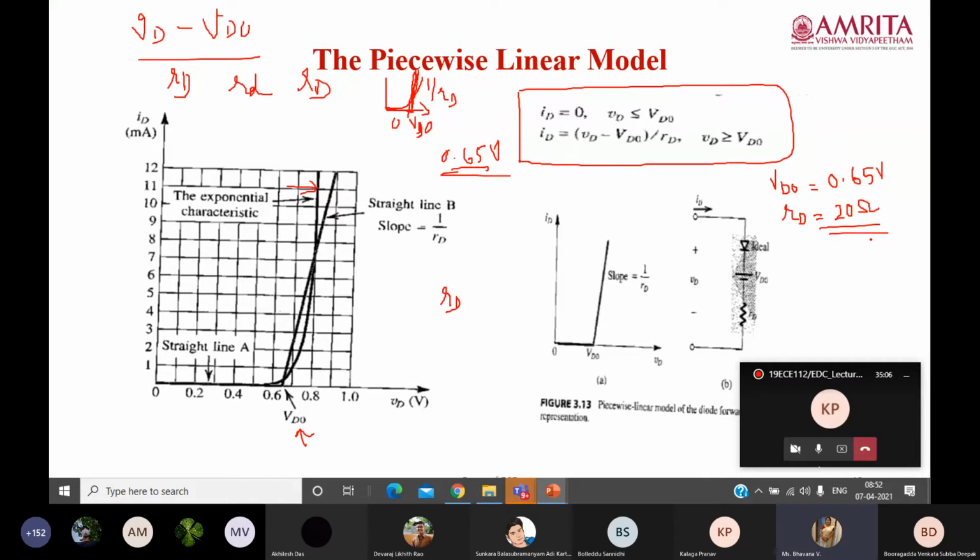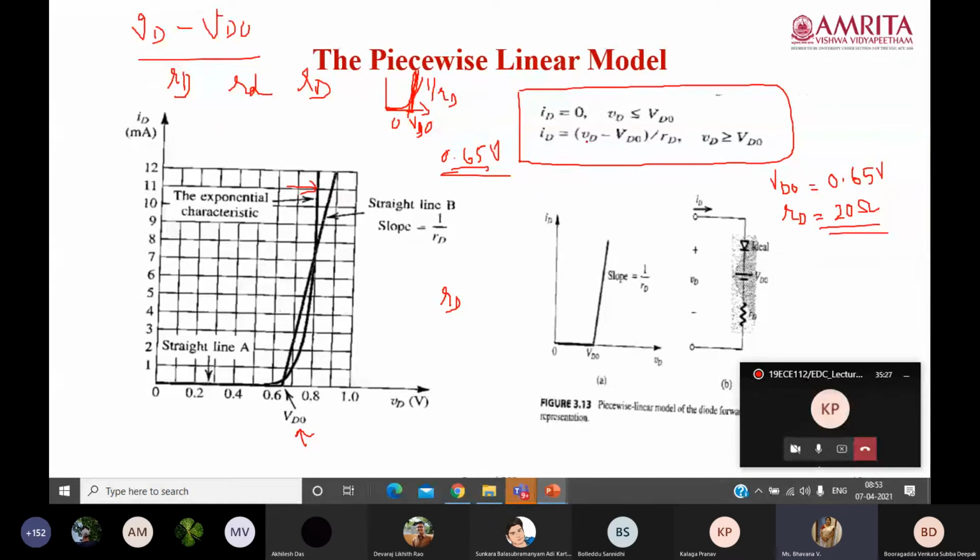Did you understand the piecewise linear model? We take the terminal characteristics of the diode, that is the exponential characteristic, approximated by two straight lines. One has a zero slope and another has a slope of 1 by rD. Till VD0, ID will be equal to 0.